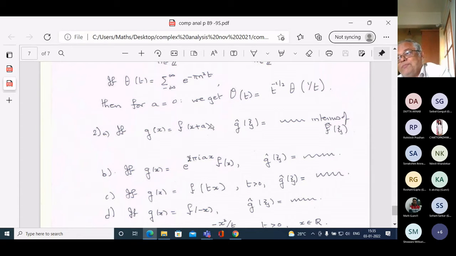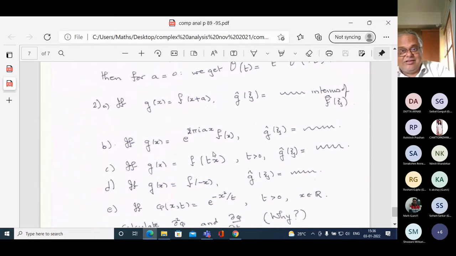This is why I had to talk about the Fourier transform, because I wanted this result about this particular theta function. And here was a series of exercises that had isolated properties of the Fourier transform. Namely, what happens to the Fourier transform when you translate by a fixed amount? What happens when you multiply by a character, e raised to 2 pi i a x?